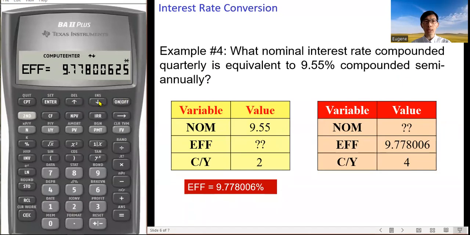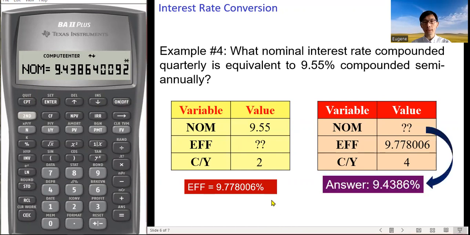Key in the value for CY into the calculator, which is 4. And then we can compute the variable NOM, and we get the answer. The nominal interest rate, 9.55% compounded semi-annually, is equivalent to the interest rate 9.4386% compounded quarterly.